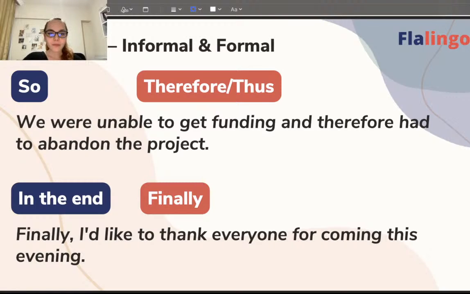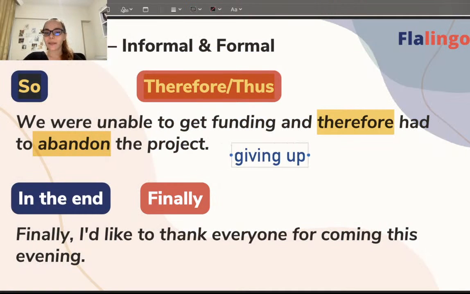Okay, I can also use so, and this is not formal, like I said, and instead I can say therefore or thus. We were unable to get funding, and therefore I also used it in here. We had to abandon the project. Abandon means, let's say, giving up.